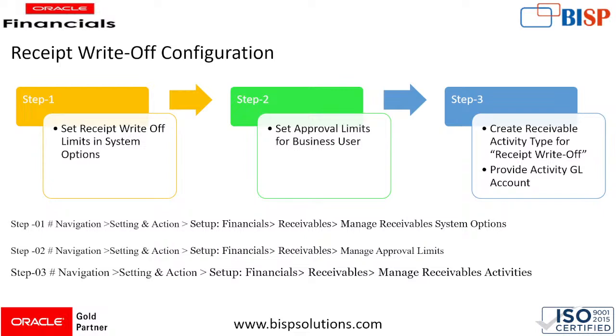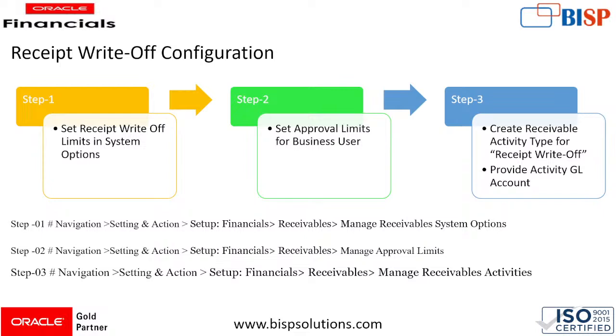You can write off both overpayment and underpayment amounts. You can write off overpayment when, after applying the receipt to a debit item, a small unapplied amount remains. You can set up receivables either to write off the receipt amount automatically or to present the write-off amount as recommended for review and manual update.